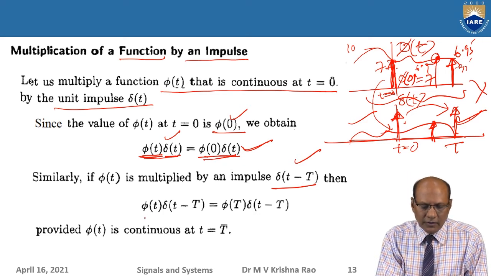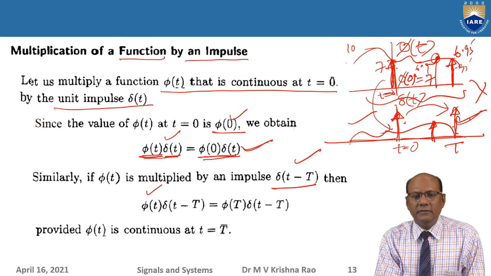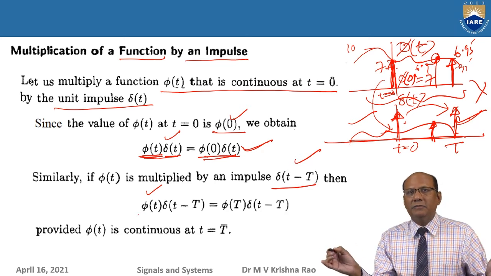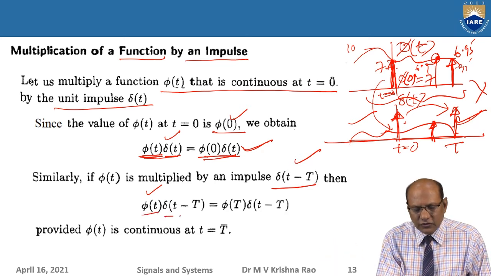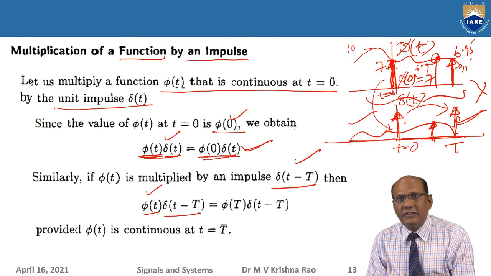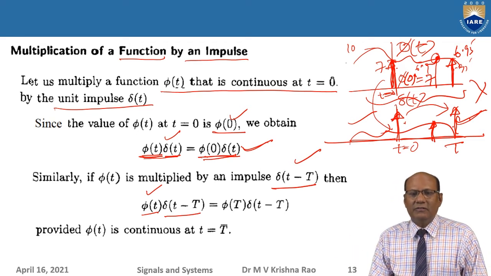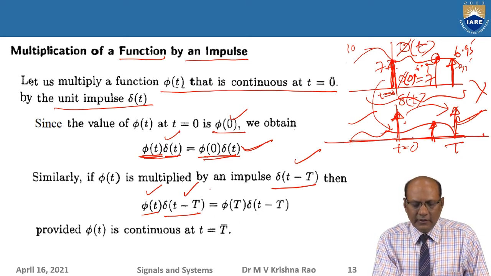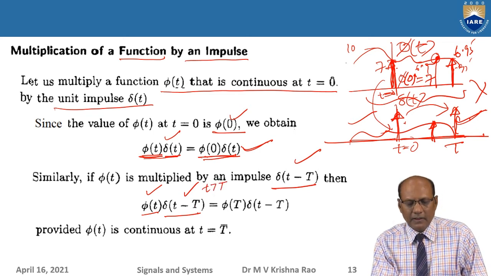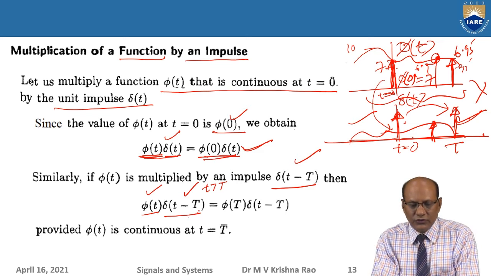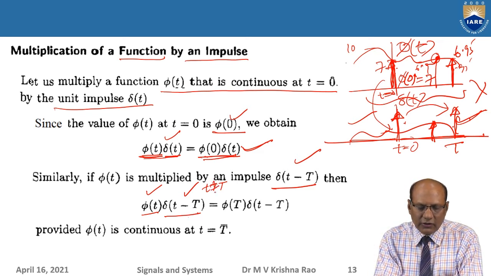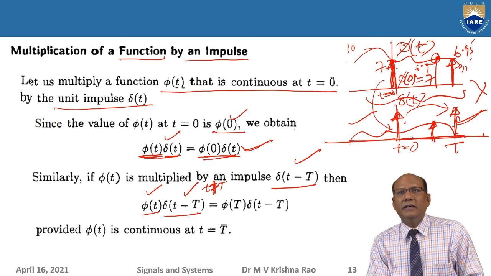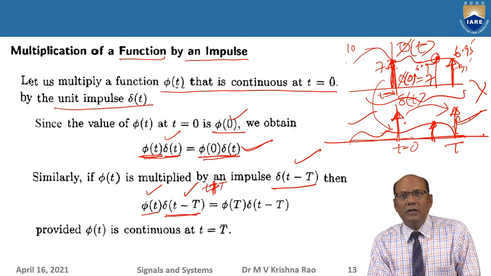Now what I am doing? One full function I am taking over the full period, that is minus infinite to plus infinite, and here also delta of t minus t over minus infinite to plus infinite. But when small t is not equal to t, this value becomes 0.